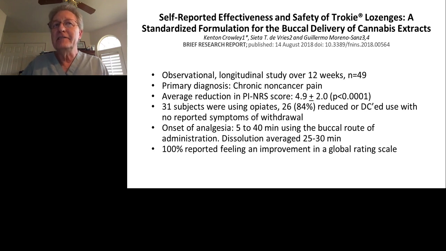In part 1 of this study, 49 participants were asked to self-report pain perception before and after administration, taking a Trokie lozenge, using an 11-point pain intensity numeric rating scale. 15 males and 34 females, with an average age of 59.9 years, participated with a diagnosis of chronic non-cancer pain.